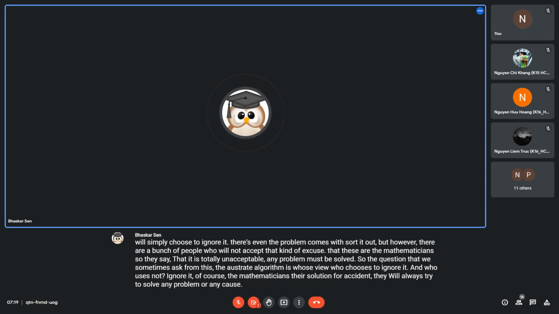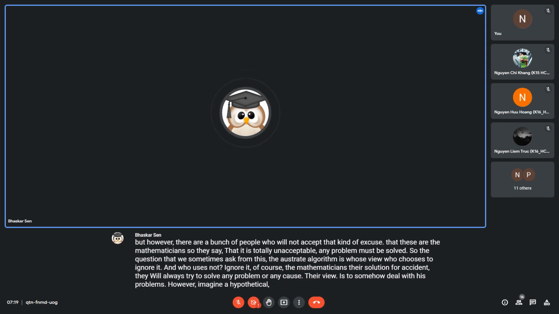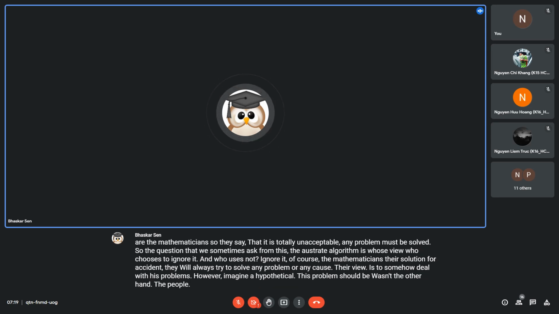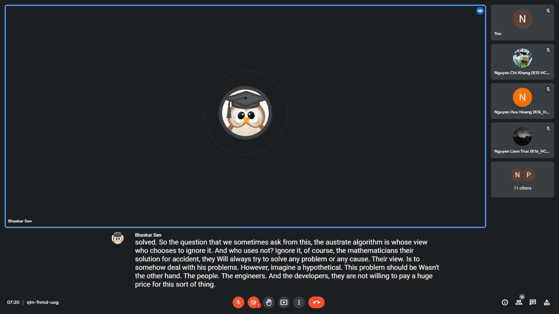Their view is to somehow deal with these problems, however imaginary and hypothetical they could be. Whereas on the other hand, the engineers and the developers are not willing to pay a huge price for this sort of thing. So we have two different viewpoints.